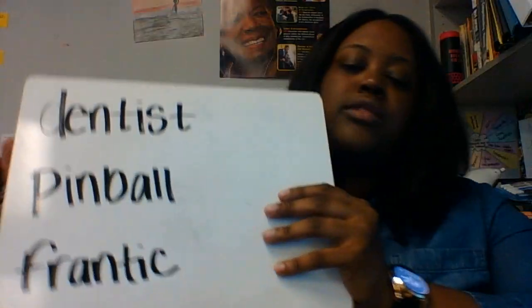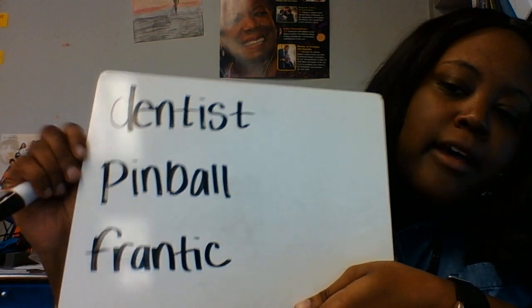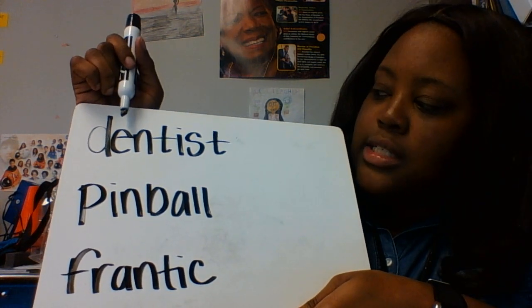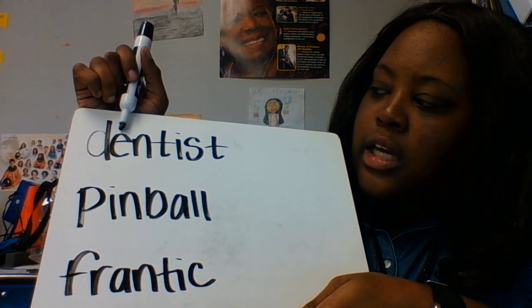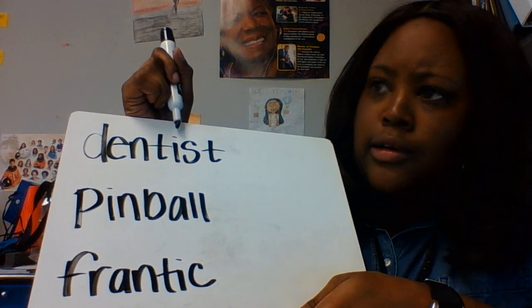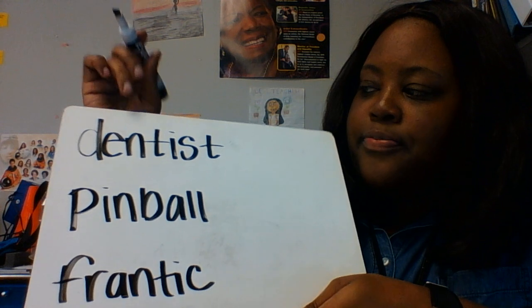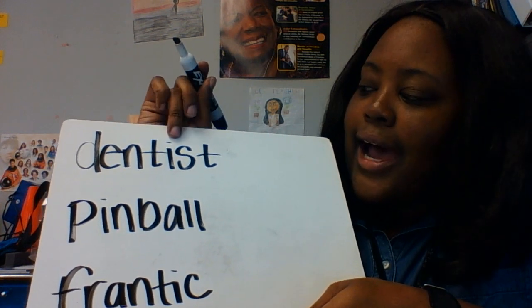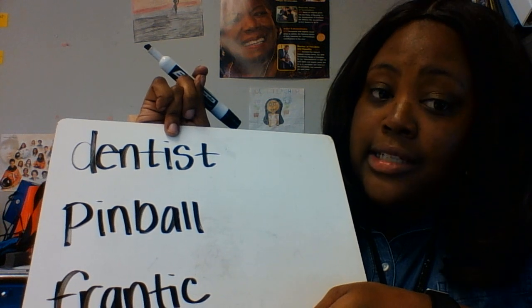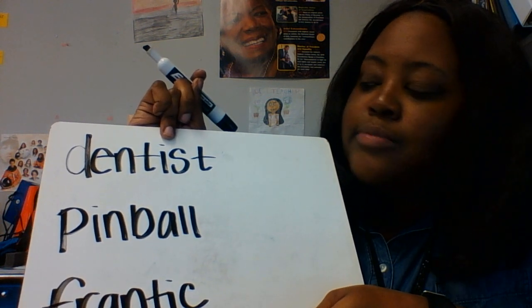So, if I am trying to identify the amount of syllables in dentist, using my syllable division rules, once again, I start by identifying my vowels. In dentist, I see an E. I know that E is a vowel. I see an I. I know that I is a vowel. So, E and I are my vowels in dentist. Now, after I identify my vowels, I look at what's in between them.